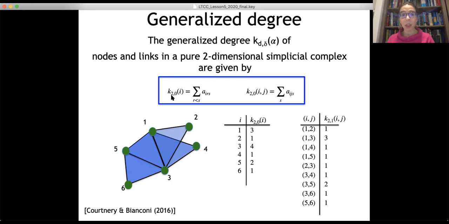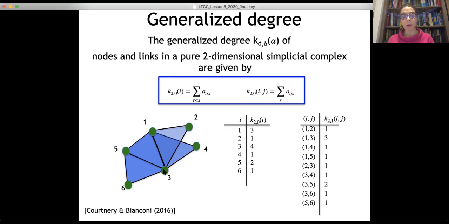So if you want to know the generalized degree of a node, in a d equal 2-dimensional pure simplicial complex, you sum all the indices except i of the adjacency tensor, and if you want to know the generalized degree of a link, you sum over the third index.